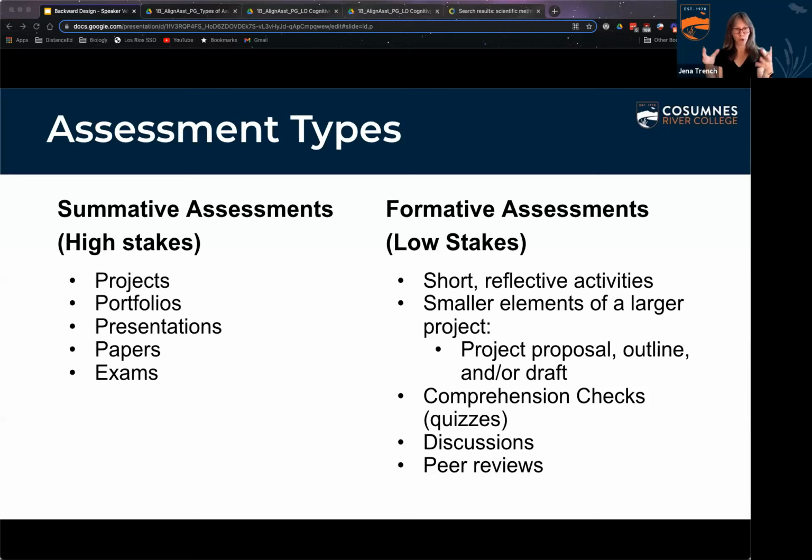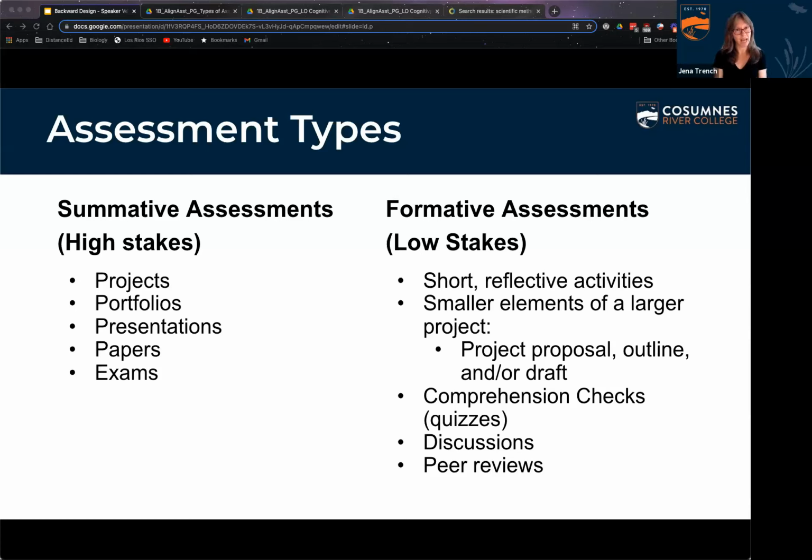So the higher order thinking, usually higher order learning, I should say. And so this includes things like term projects, midterm projects, final projects, portfolios of work, for example, writing work, poetry work, photography, art, that kind of stuff. And presentations, group presentations or individual presentations, papers, and of course, the objective exams.